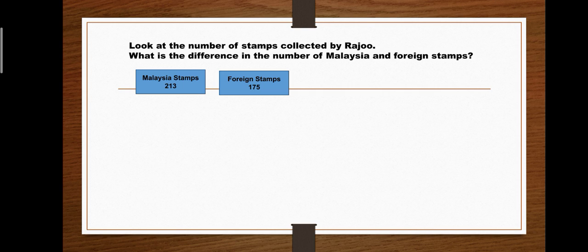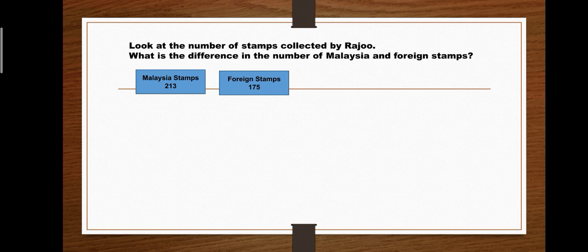Difference here refers to which operation? Yes, some of you answered correctly. That is subtraction. Other keywords for subtraction: left, balance, less than. All these refer to subtraction.